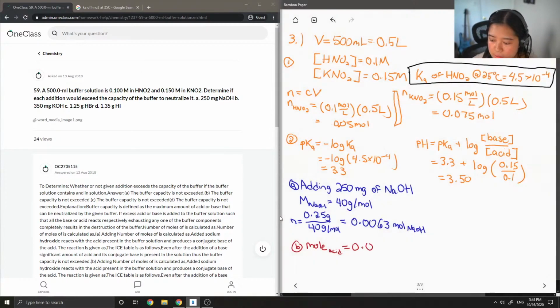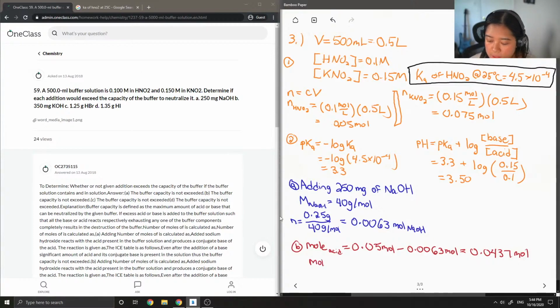Okay, we start off with 0.05 moles of acid minus 0.0063 moles, which is from the base. Then we end up with a value of 0.0437 moles of acid.